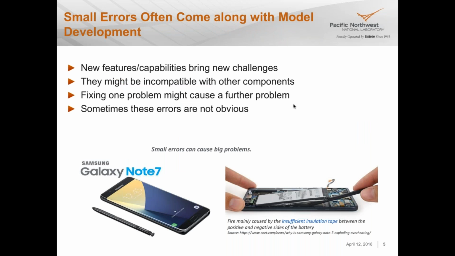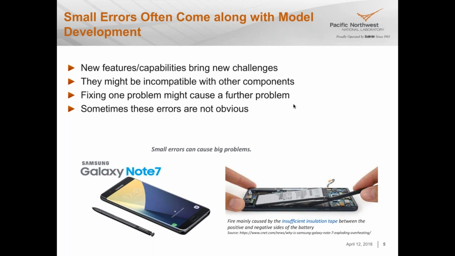Next slide. However, small errors often come along with model development. New features and capabilities bring new challenges in model development. They might be incompatible with other components. Fixing one problem might cause a further problem. Sometimes these errors are not obvious.